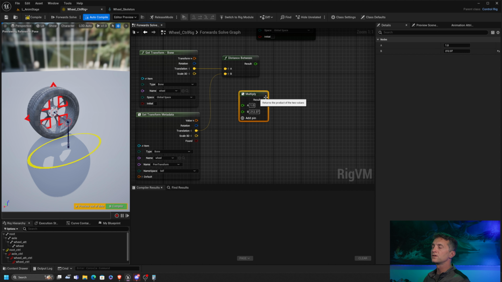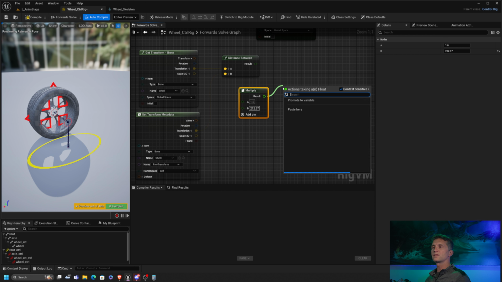Okay, so we know that this is the circumference, and if you take the circumference, that's the distance, and you spread that out, we basically want to do a degree per distance. So we want to take this number and divide by 360, I think.